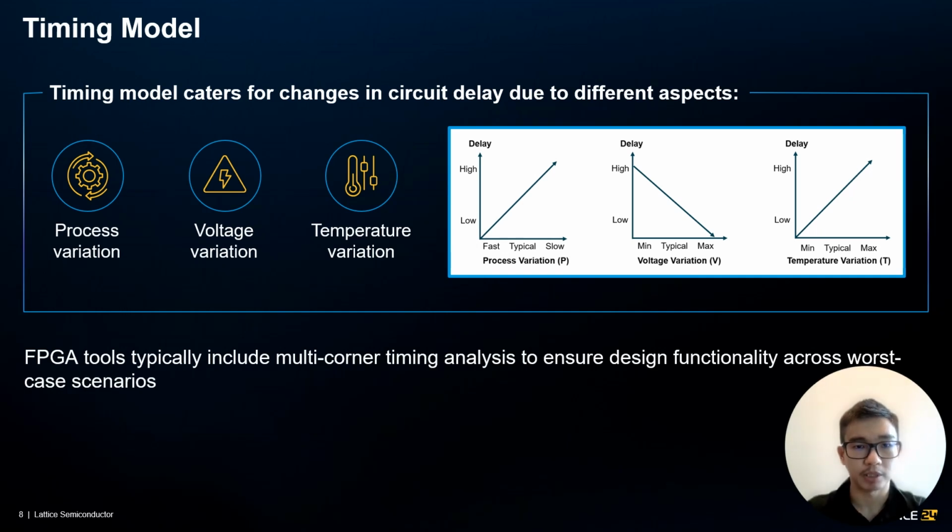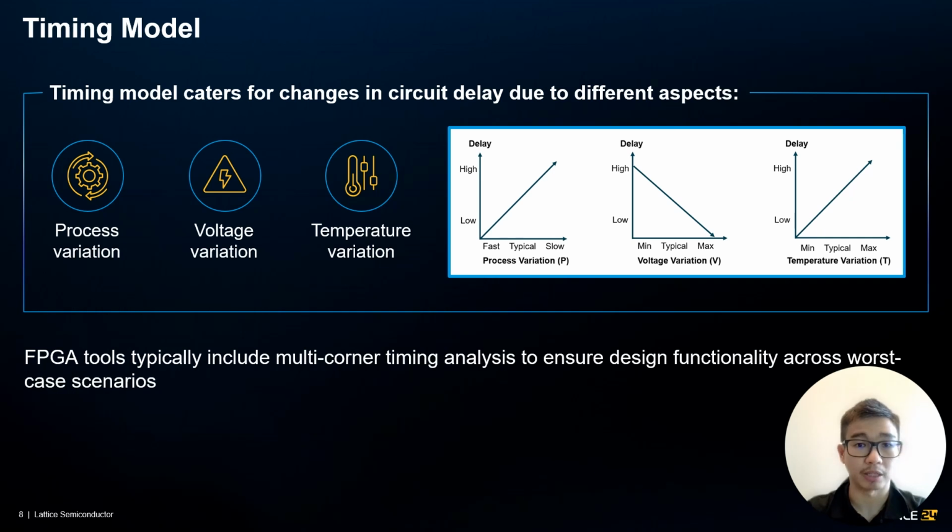To go a bit deeper, there are a few parameters that would affect these delays in our devices, which are process, voltage, and temperature, otherwise known as PVT. Process accounts for the variation in different devices coming out from the fabrication process. They are all tested and binned into different speed grades, but will still have variation over that process.